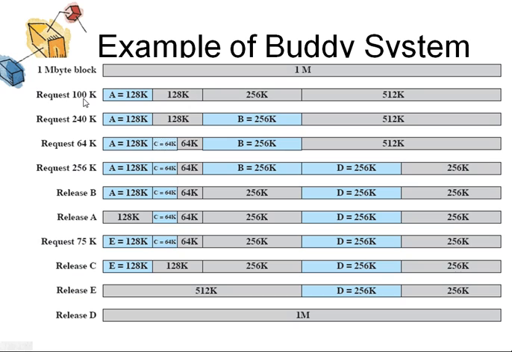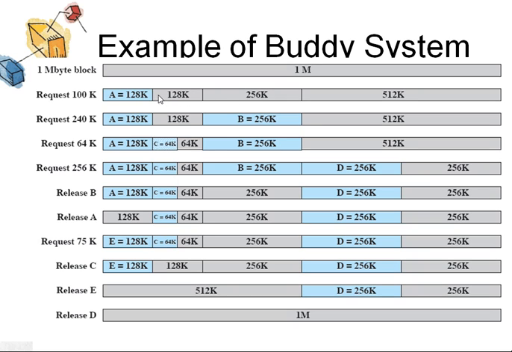The request is 100k. Still we can go for further splitting. And this further splitting is done here. See here, a process of size 128k occupies a space from this half part, which is again divided into 256k.